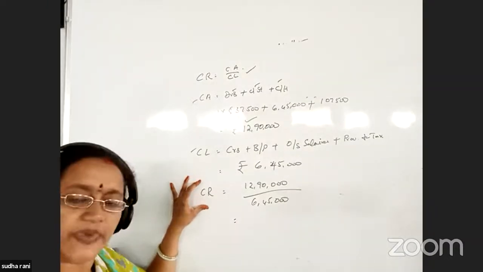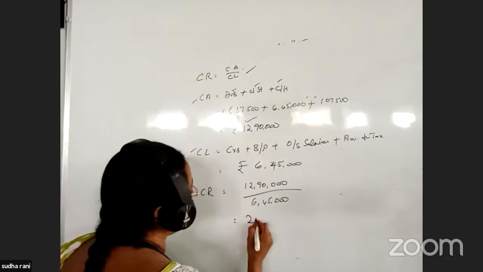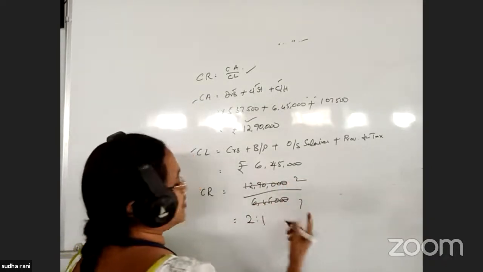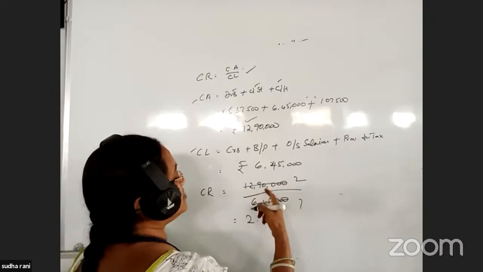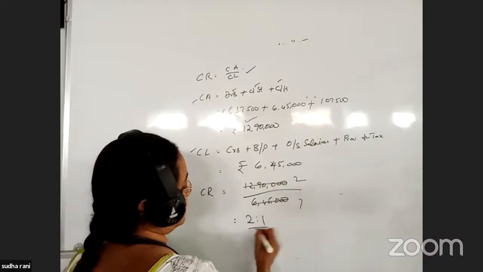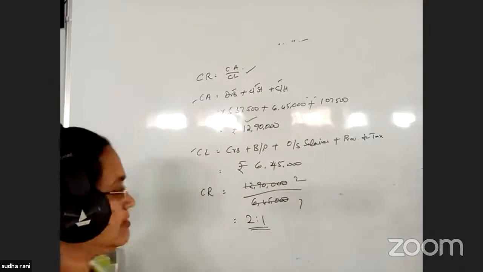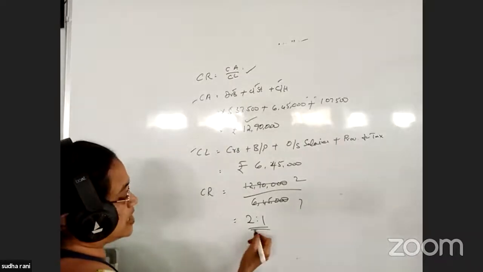Liquidity ratios we express in terms of proportions. So 2:1. See, 645 ones are 645, and 645 twos are 1290. That is how it is 2:1. In proportionate value we write 2:1. The current ratio you are supposed to express in this way.